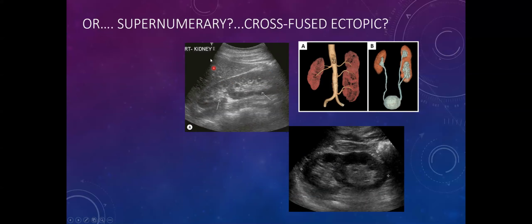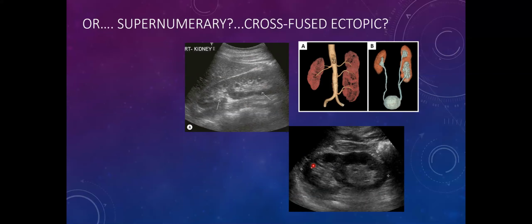Now, this could be a cross-fused ectopic kidney. You don't really know until you go over. If this person has a left kidney, then it's a supernumerary kidney. Supernumerary kidneys could be separated, so two right kidneys separate, and then a left kidney. That's a possibility as well.